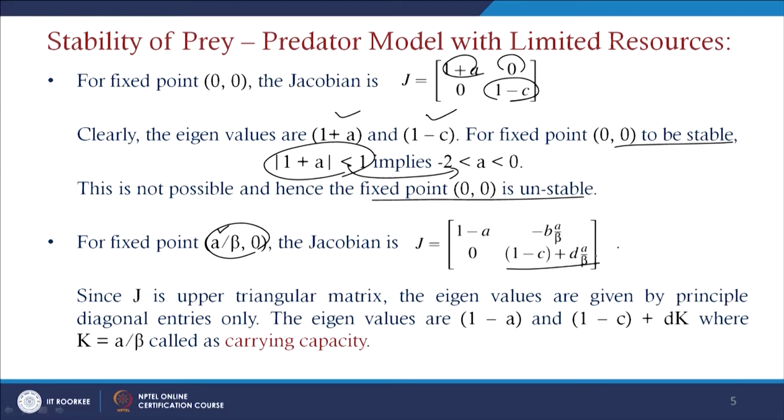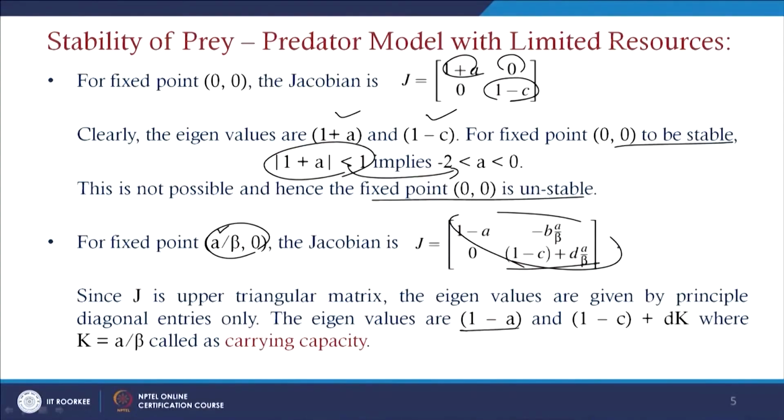This is an upper triangular matrix. In the case of an upper triangular matrix, we already know that the diagonal entries are nothing but the eigenvalues. Hence, the eigenvalues are 1 minus a and 1 minus c plus dK, where K is a by beta, which we have assumed as the maximum carrying capacity.